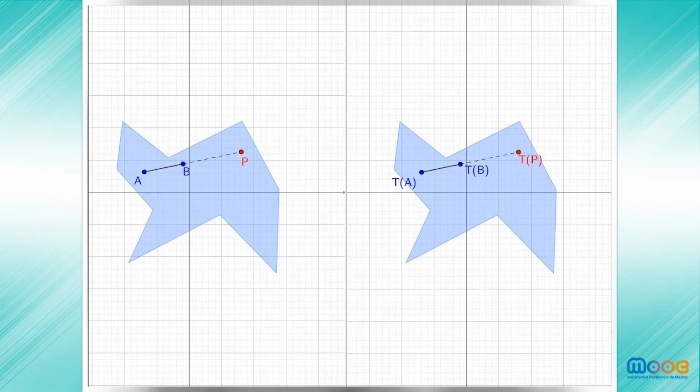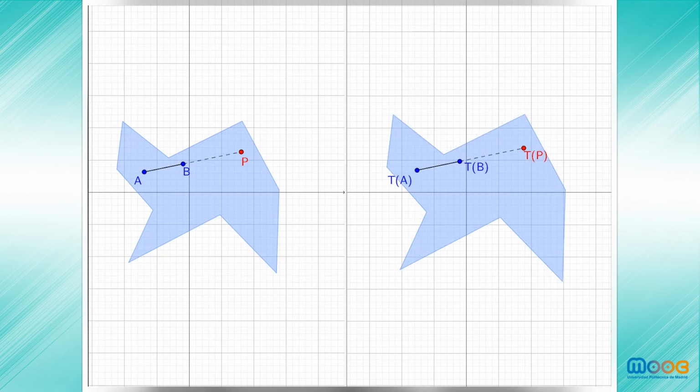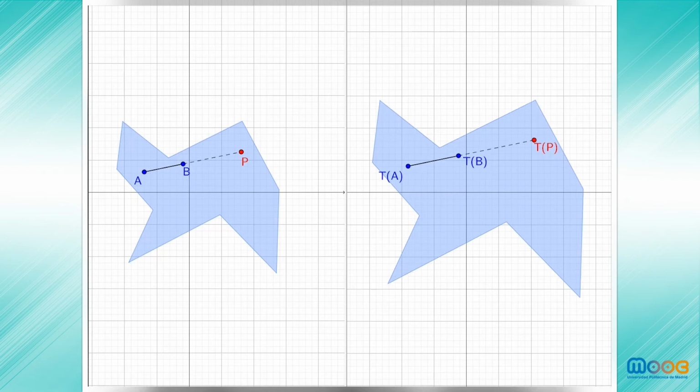So, of course, TP is in the same affine combination of TA and TB as P is of A and B. But we can change the polygon on the right by making it bigger, for example, like this.